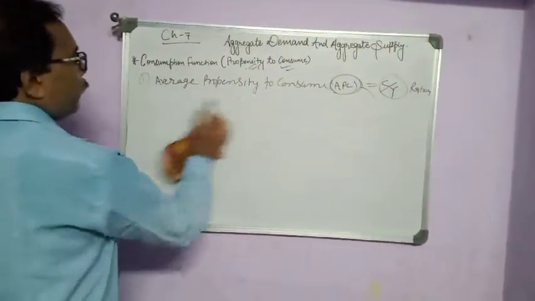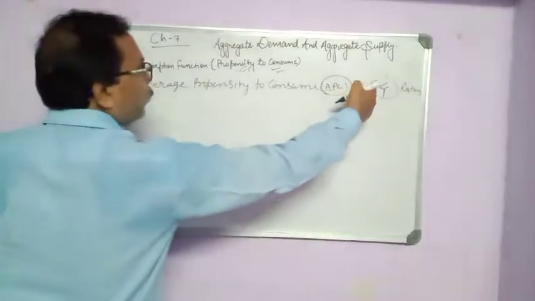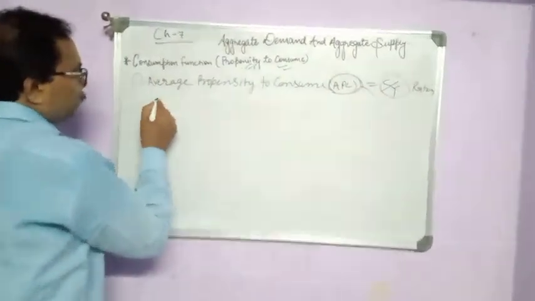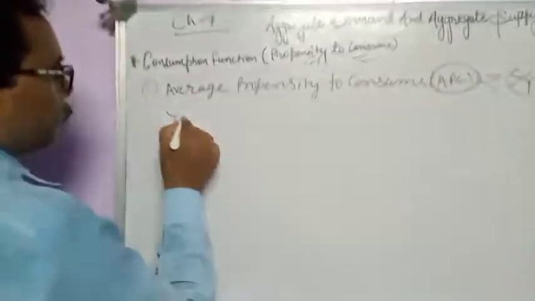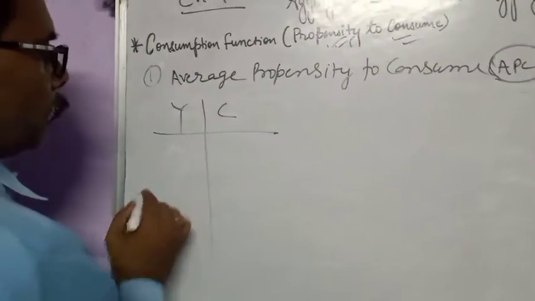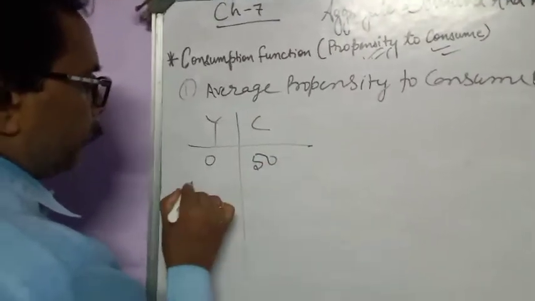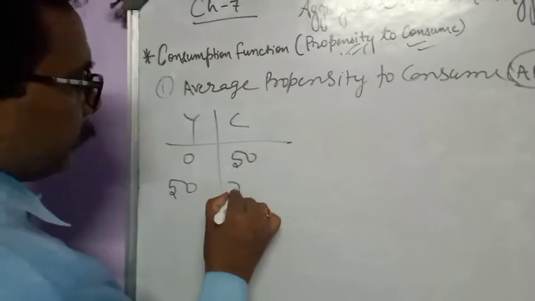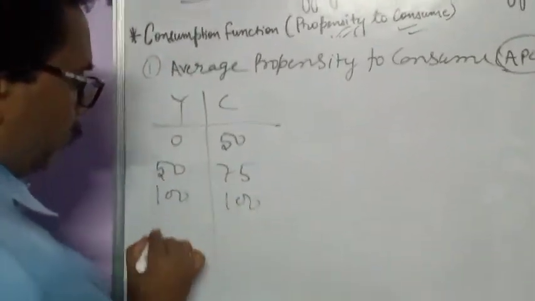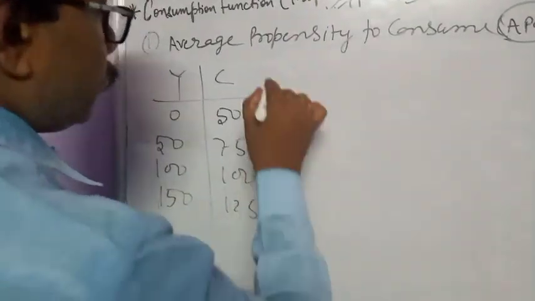So first of all, APC, that is the ratio between consumption and income. So that is the Y, that is the C: 0, 50, again 50, 75, 100, 100, 150, 125, and so on.